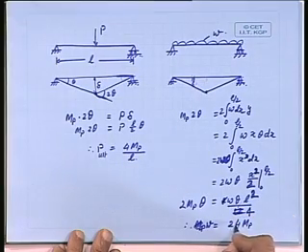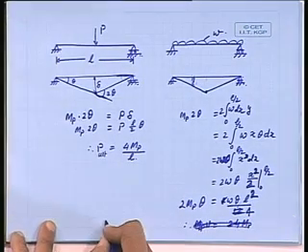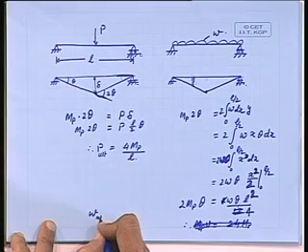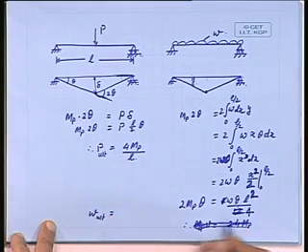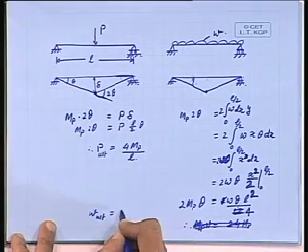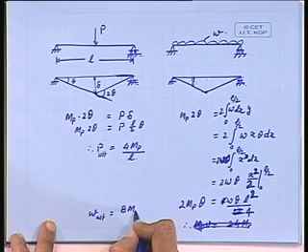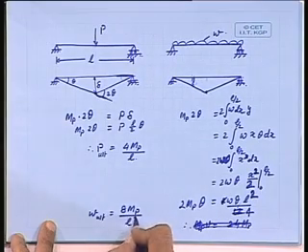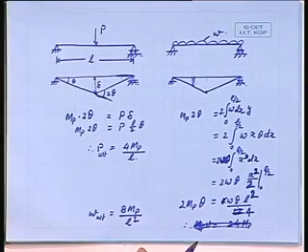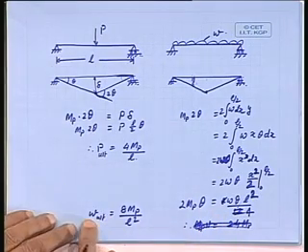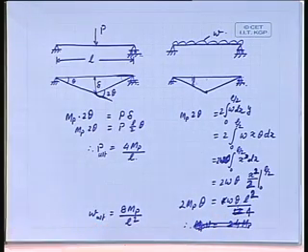So W ultimate is equal to 8 MP by L squared. Or if you want to convert it, W ultimate into L is equal to P ultimate total load, just for comparison's sake, then it becomes 8 MP by L, just twice this value.